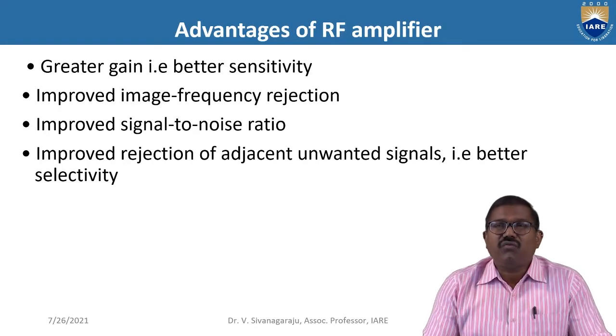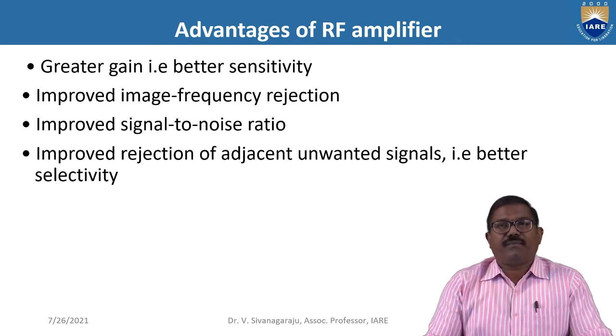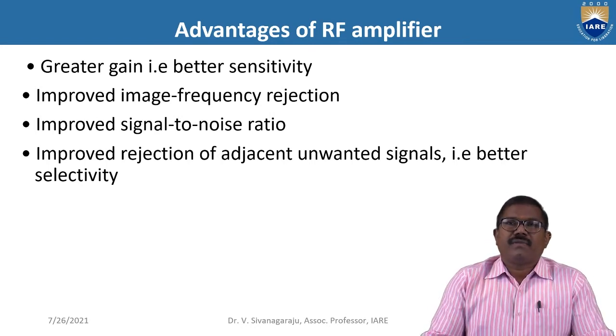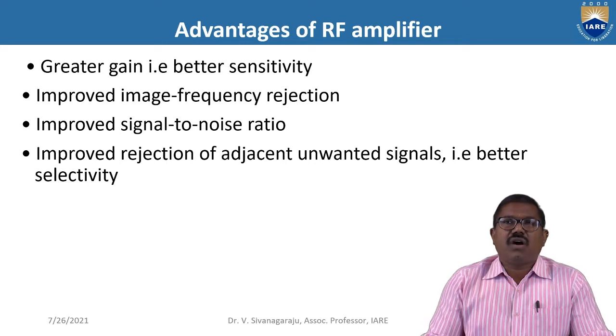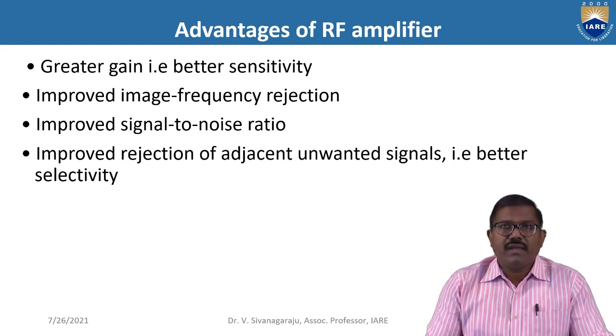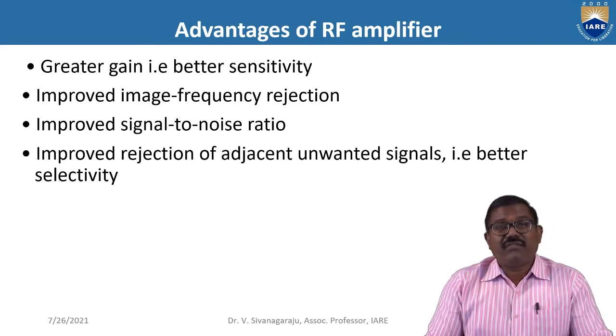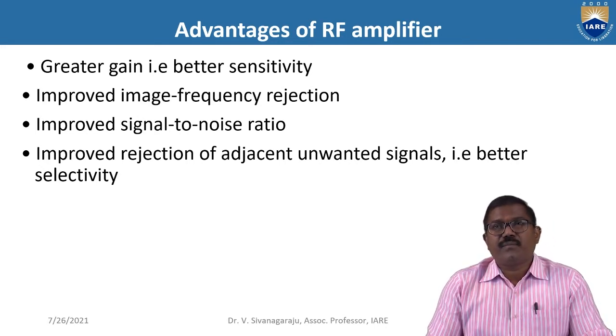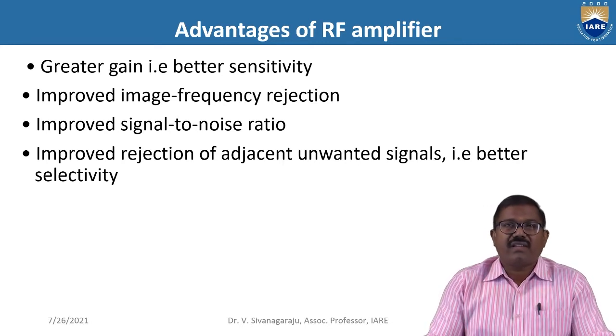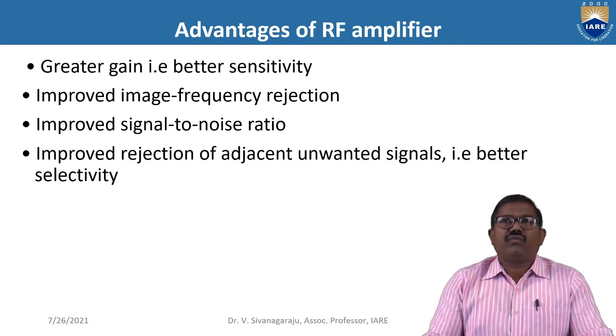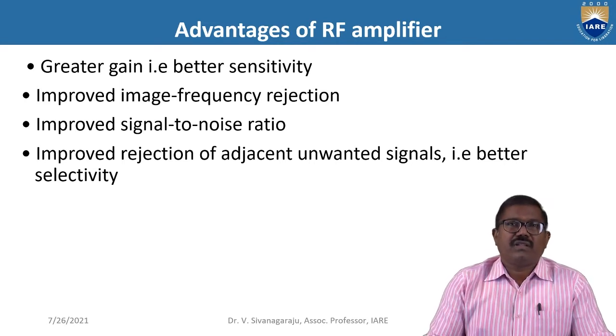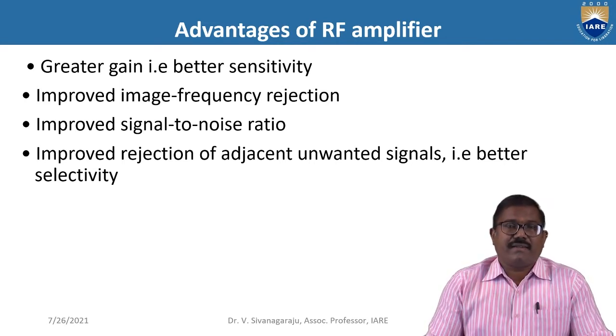Next, what are the advantages of the RF amplifier? Because in any receiver, this RF section is very, very important. Either it is a TRF or superheterodyne receiver, this RF section is there. So in the RF section, we must have an RF amplifier. What are the advantages of this RF amplifier? The first one is greater gain.